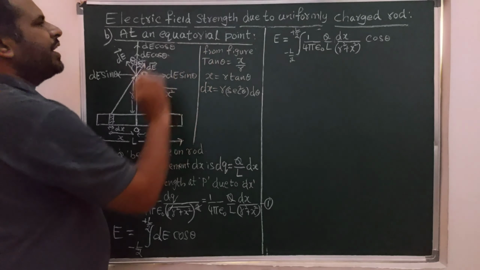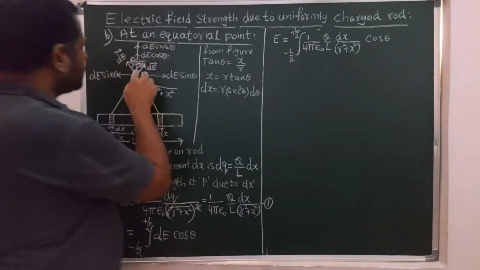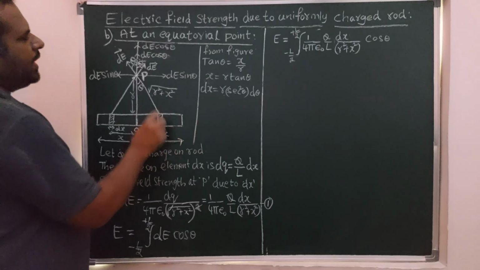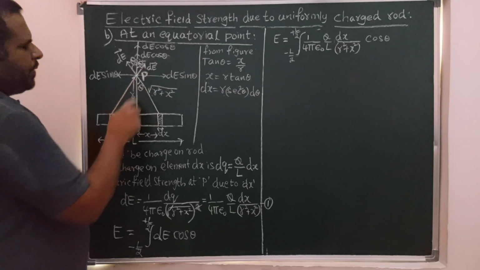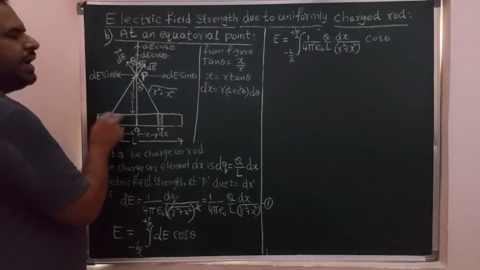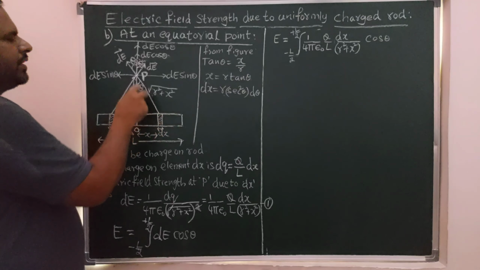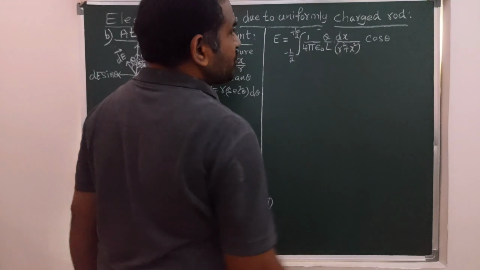R is a constant, we can write it outside. In the denominator, r is a constant. Whatever element you take on this metal rod, r will be the same. R is the distance from point P to the center of the charged rod, so it will be the same for any element. So r is constant, we can write it outside, but x square is there.